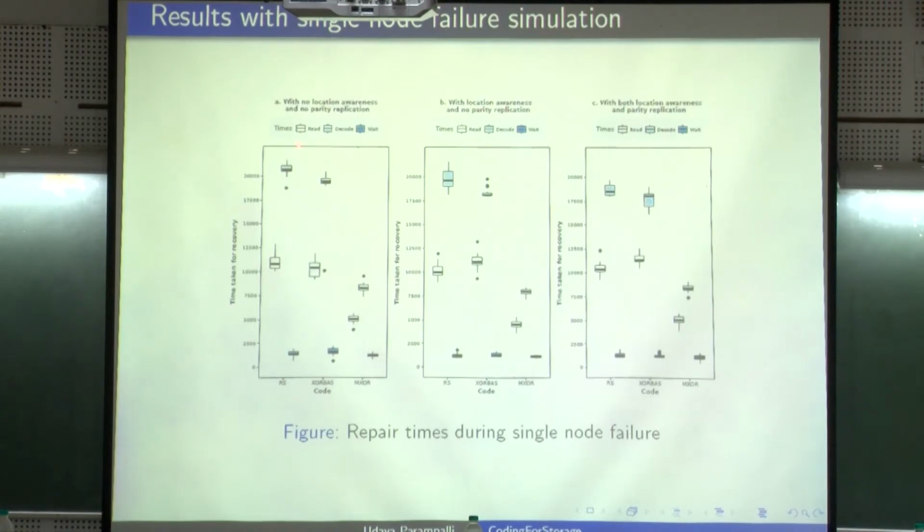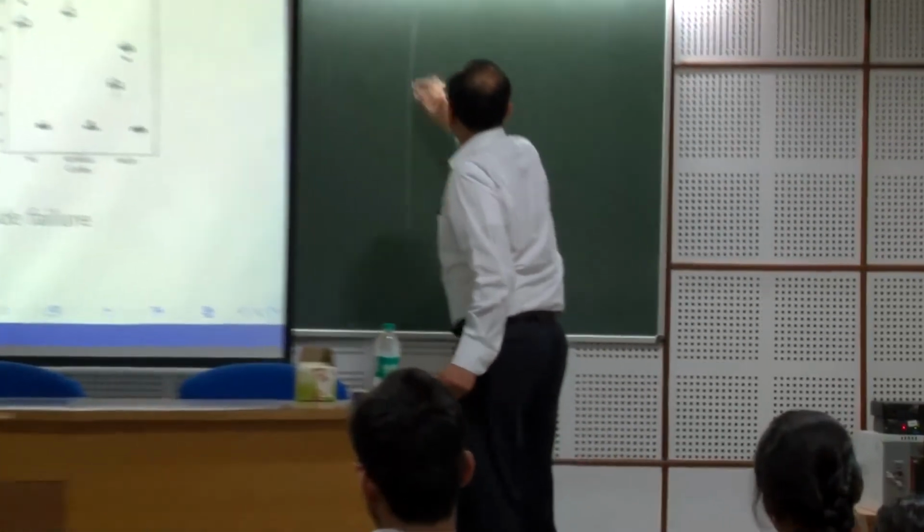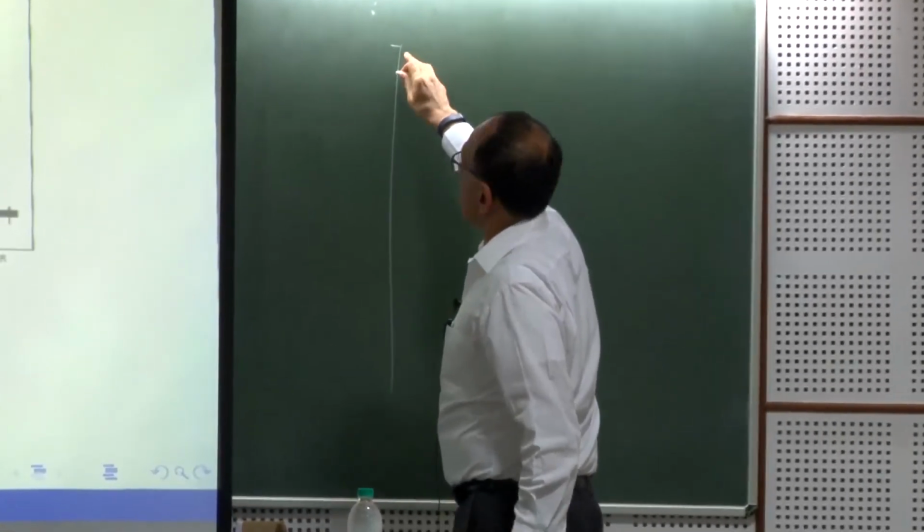For example here, with no replication awareness and no parity replication, the first results, the white one, looks like a read time, then the decode time, and this is the wait time. Time wise, you start like this at this point.